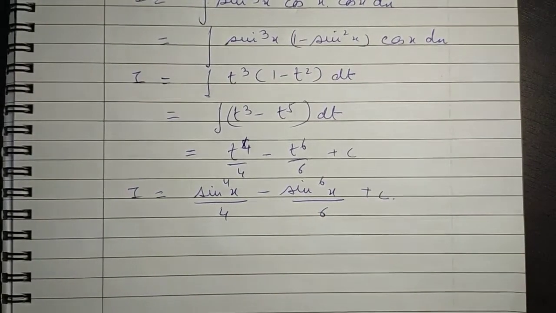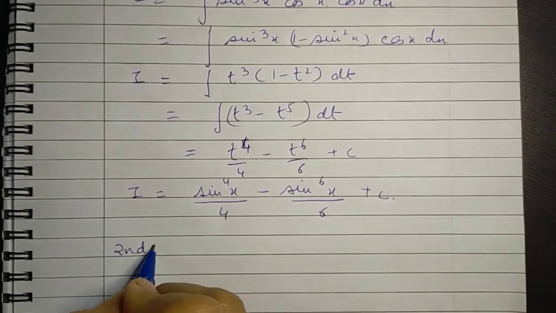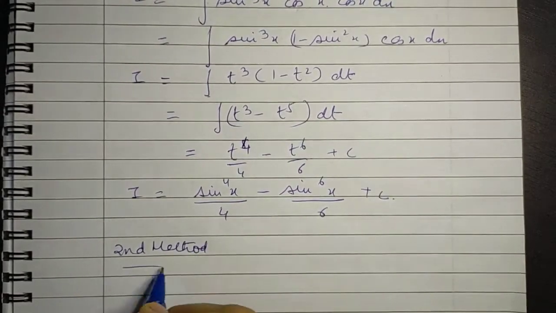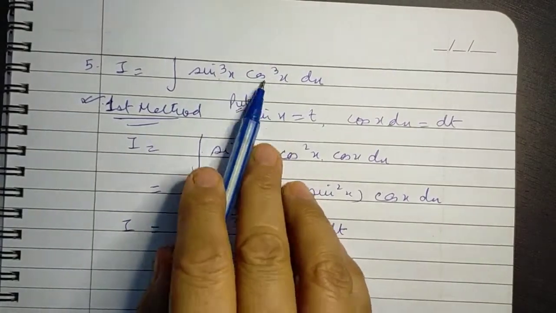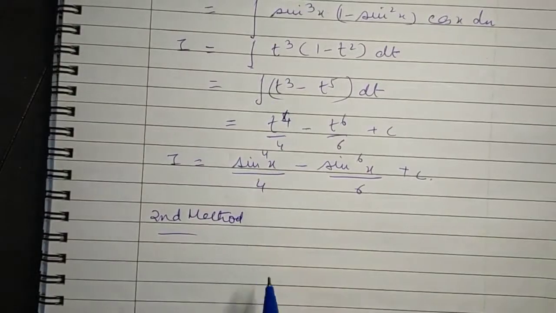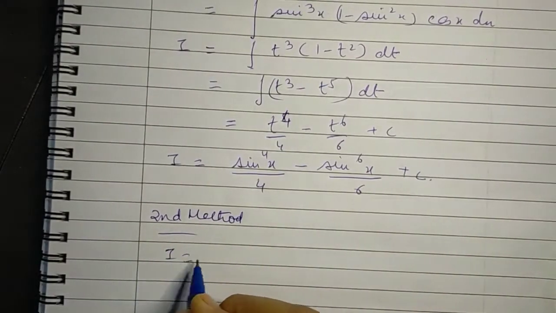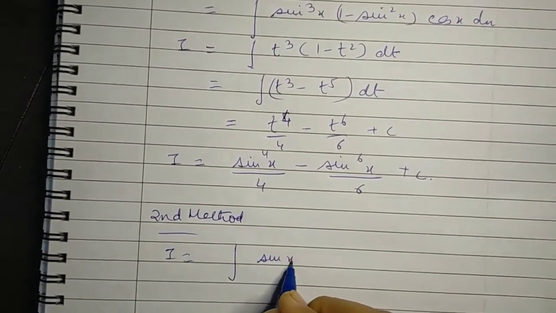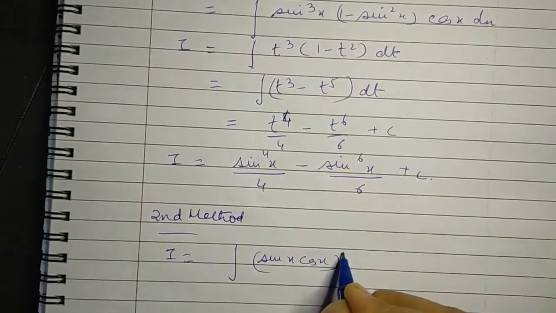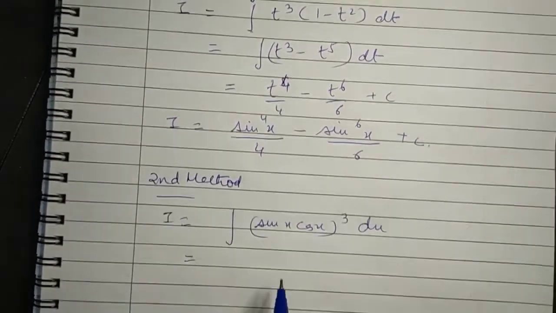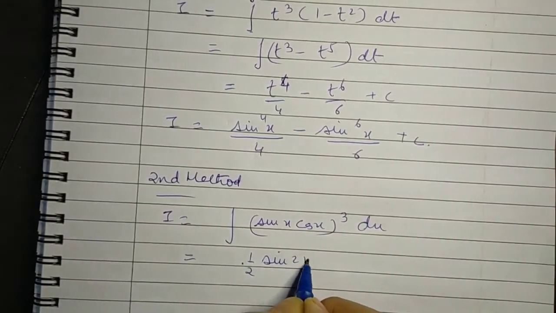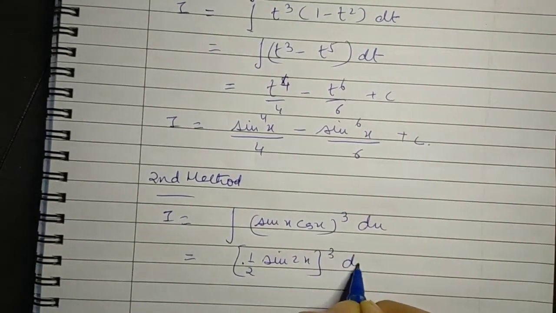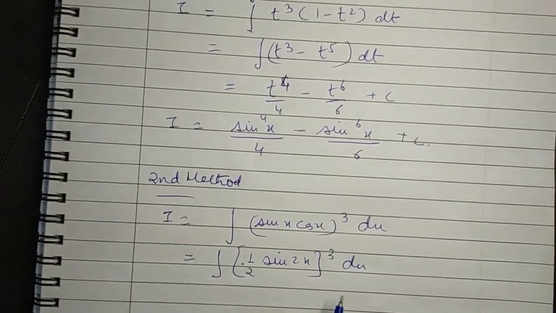This is one of the methods. Another method could be, since sine and cos act on the same angle, we can write I as sine x cos x whole cube dx, and then write it as half of sine 2x whole cube dx, and then you deal with it in whatever manner.